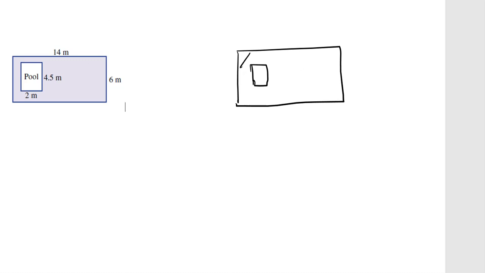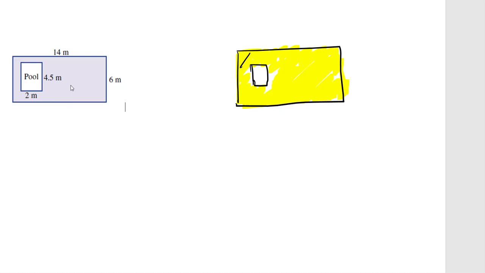If I was to highlight this, that's my shape, just the yellow part. Sometimes composite shapes are combined, in this case, like we've put a shape on top of another shape, like two rectangles put together. Or the other way of looking at it is a rectangle has been cut out of another rectangle. So sometimes we have to subtract.